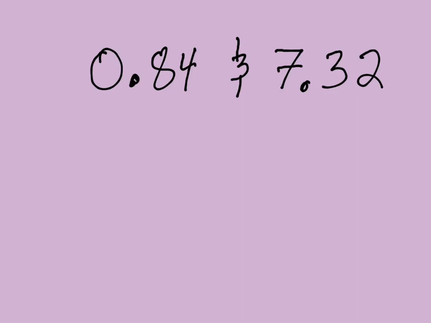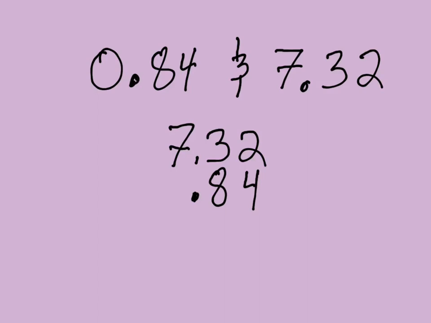And if you remember, when I'm finding the difference, I take the bigger number. And so the bigger number in this case is 7.32. And I stack that one on top. And then I put the smaller number underneath. And in this case, I don't have to append any zeros. There's nothing to append. And I subtract. 2 take away 4 can't be done, so I borrow.